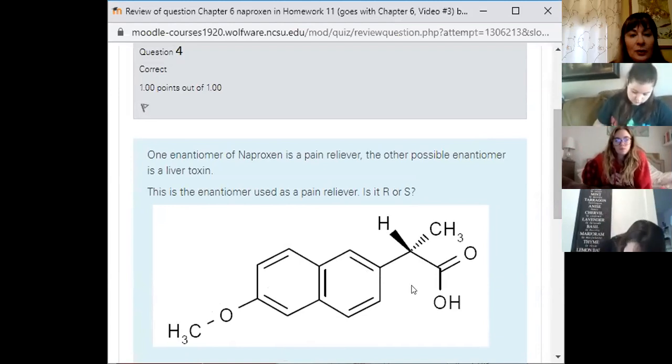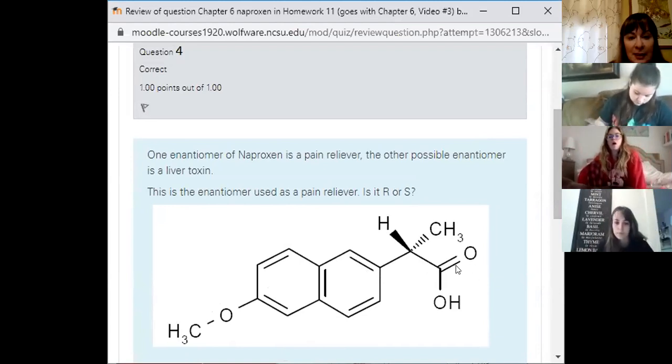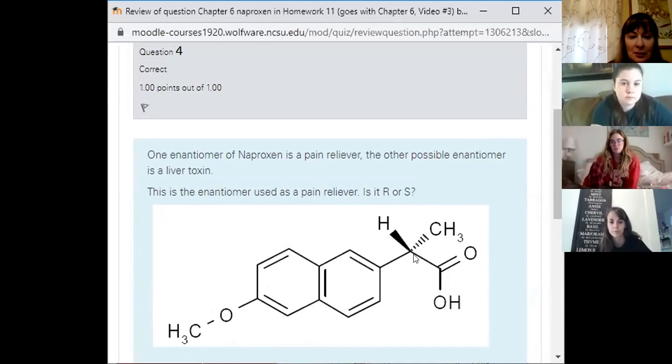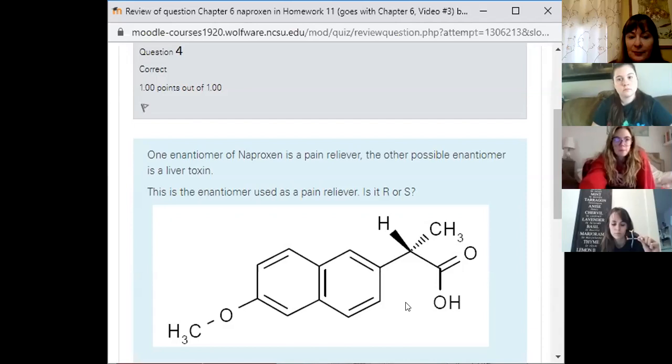No. Can this one over here that has a double bond to oxygen be a chiral carbon? No. So literally the only candidate that we have is this one here, the one that I have my cursor on, okay? So you have a hydrogen, you have a methyl group, you have this big group that has a double bond to oxygen here, and you have this carbon that is double bonded to carbon over here, okay?